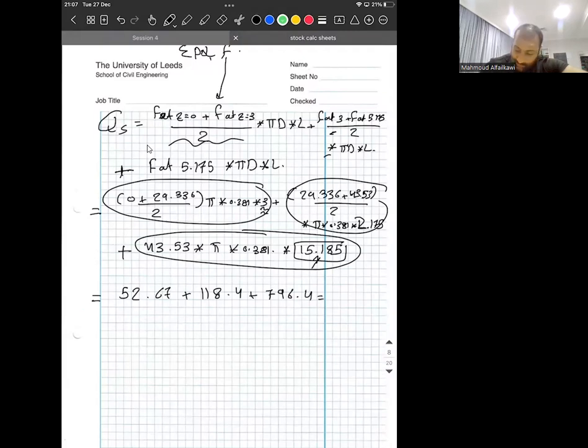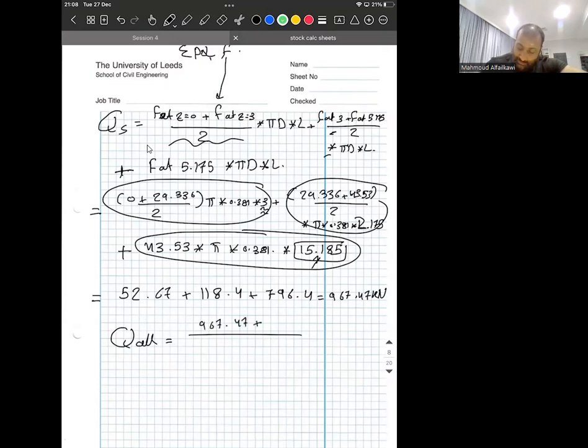All of this will equal 967.47 kilonewton.